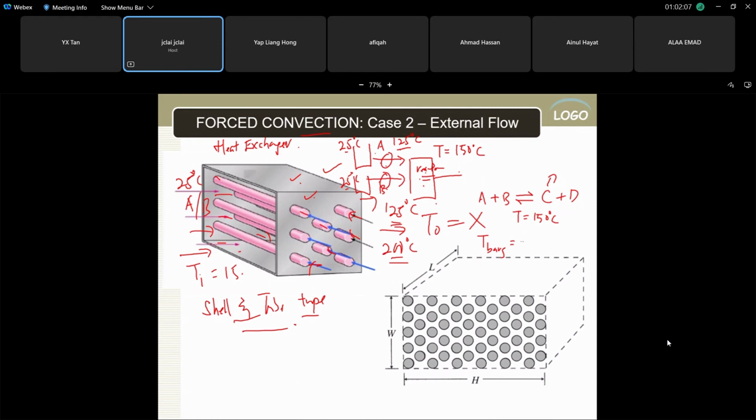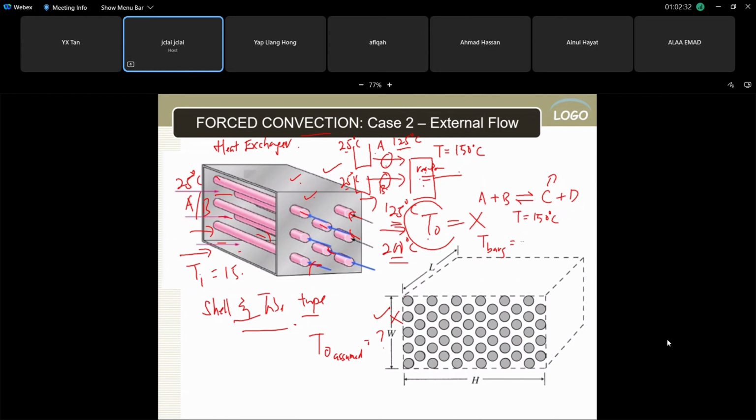So after calculating the whole process, you need to verify whether your assumed T out is correct. Normally it's wrong.